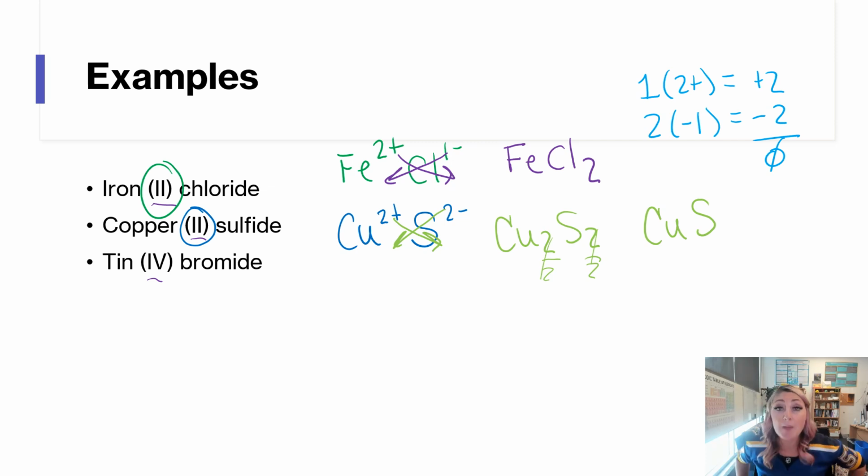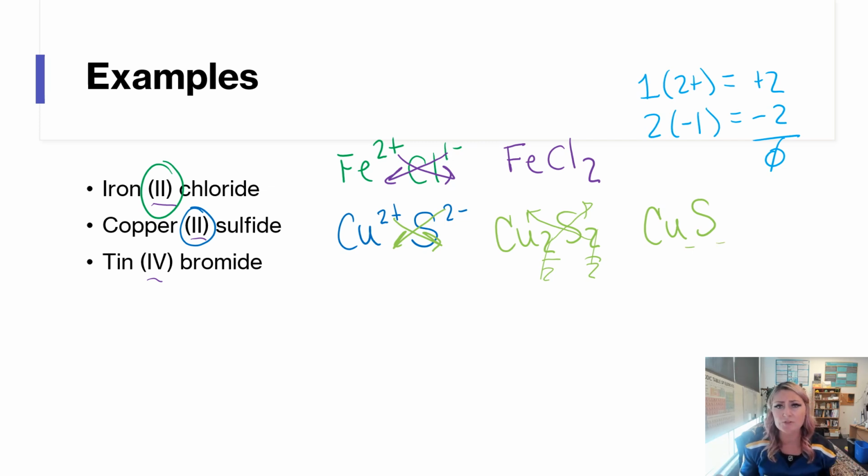Now, you might be tempted to say, well, wait a second, couldn't I just reverse the subscript and find the charge? No, don't do it. Don't be tempted to do it. The math isn't going to work out, and here's why.